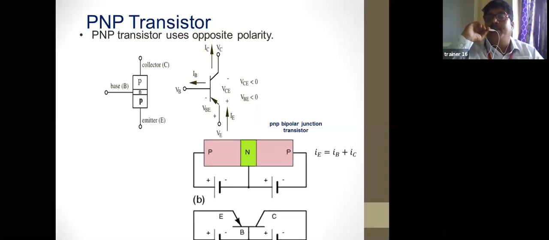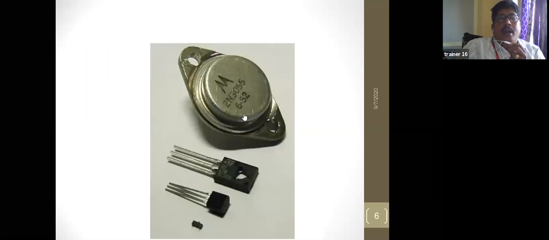According to our requirement, we can use either NPN or PNP transistor, depending upon the current usage. And these are the various types of BJT transistors, right? The next, we'll go for the next one.